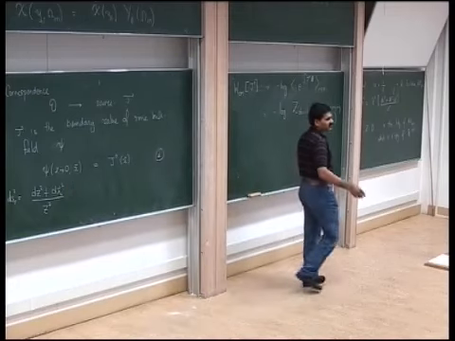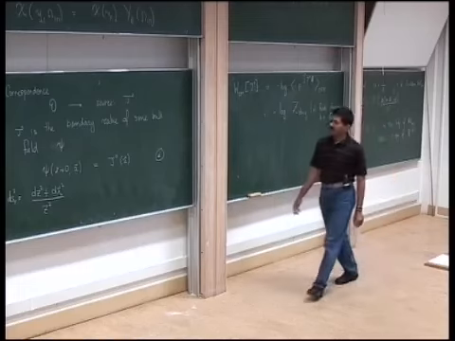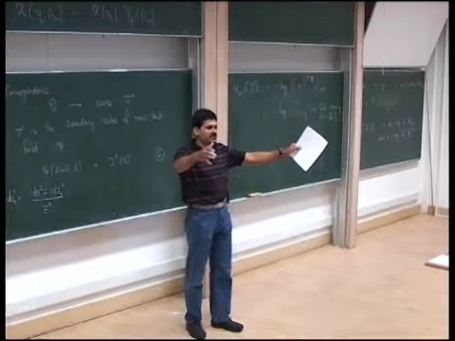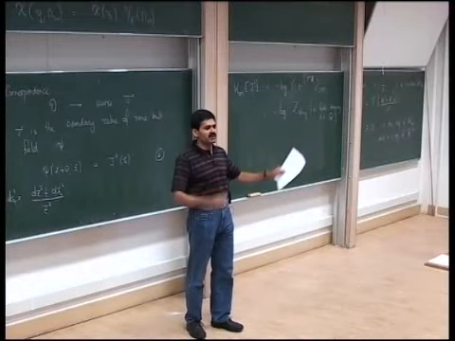So think of this as some sort of standard Dirichlet type problem. I give you some source terms on the boundary, which are just boundary values of some fields propagating in the bulk of anti-de Sitter space.